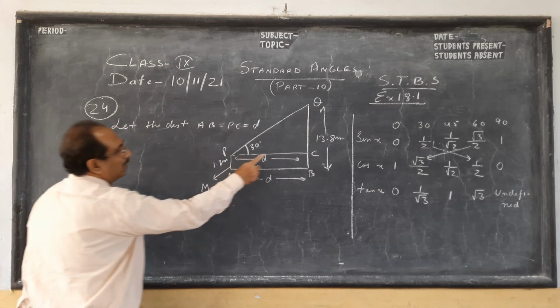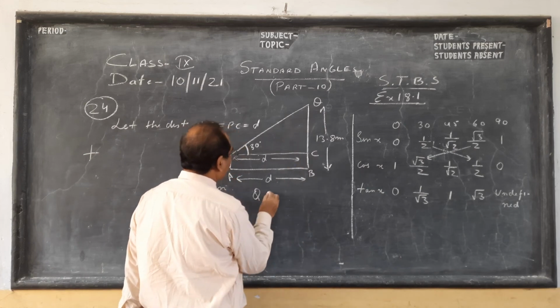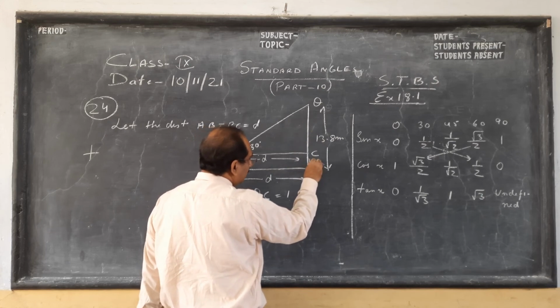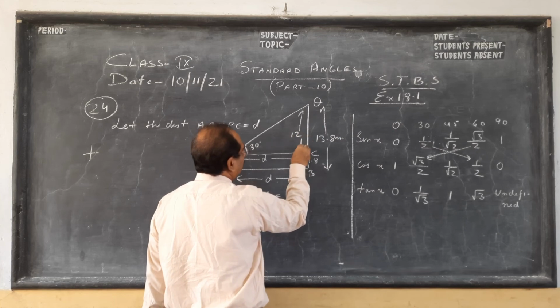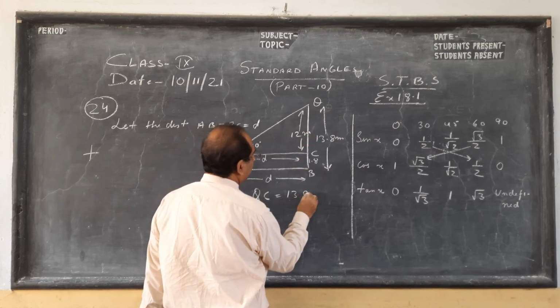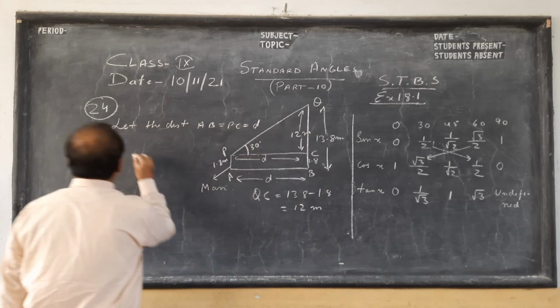We know this full thing is 13.8, children. If you want to find QC, this full thing is 13.8 and this part is 1.8. So this part will be 12 meter. QC is 13.8 minus 1.8, which is 12 meter.